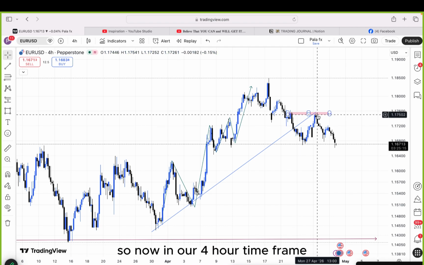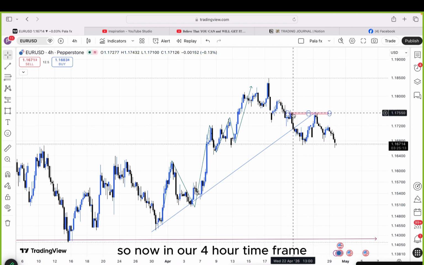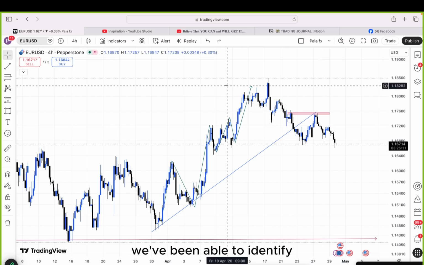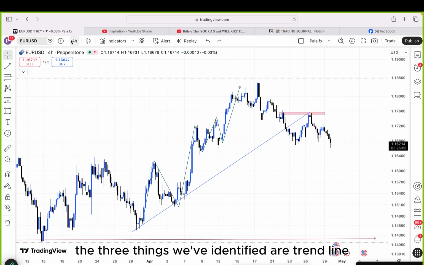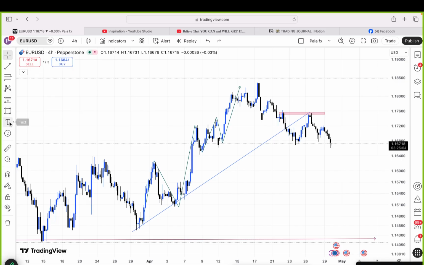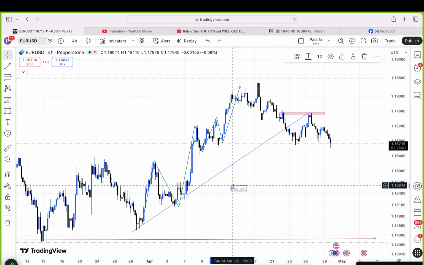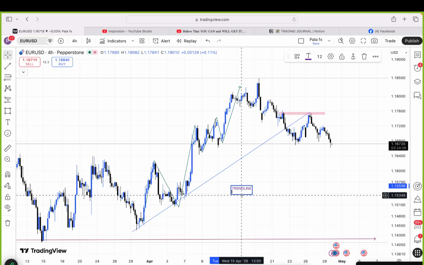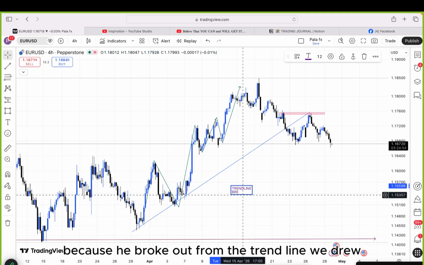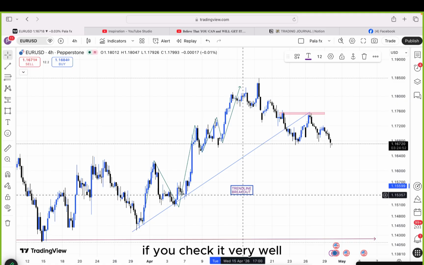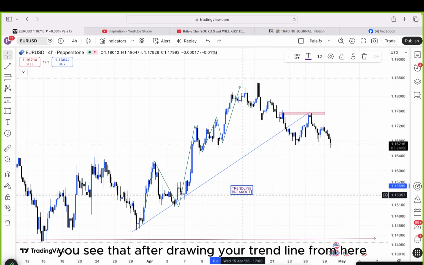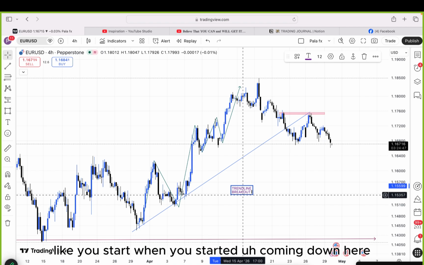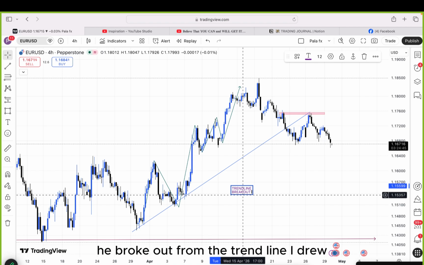So now in our 4-hour time frame, we've been able to identify three things. The first is the trend line. The second thing we identify is the breakout, because it broke out from the trend line we drew. If you check it very well, after drawing your trend line from here, when it started coming down here, it broke out from the trend line.